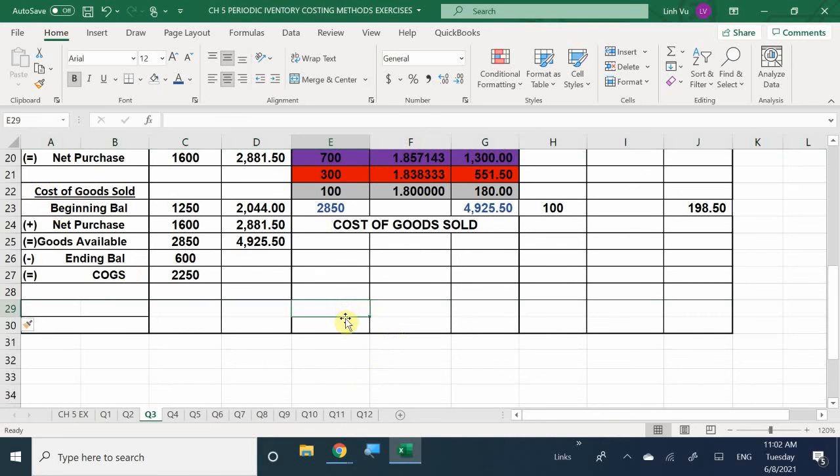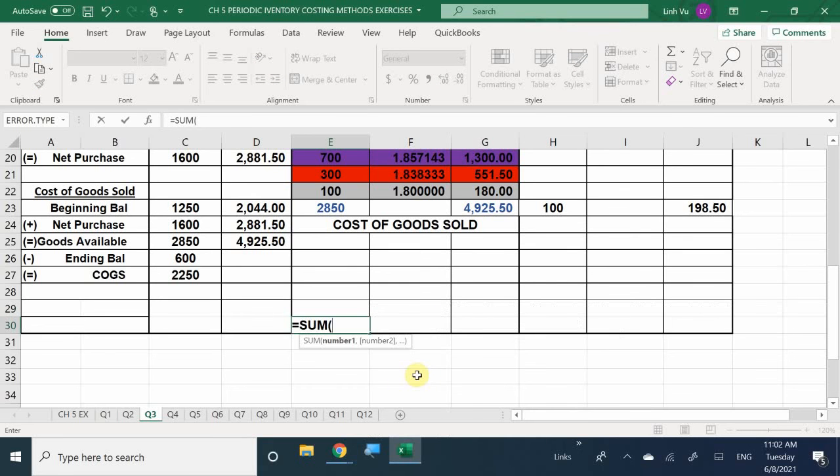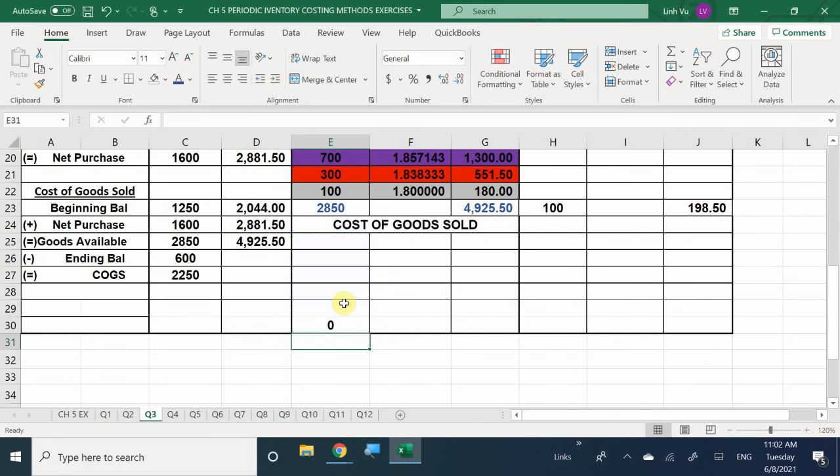Okay, so there we go. So here is going to be my equal sum, so I can keep a running balance so I know how many more items to sell. And at the same time, I'm also going to calculate my total cost of goods sold, the cost of it, balance there.